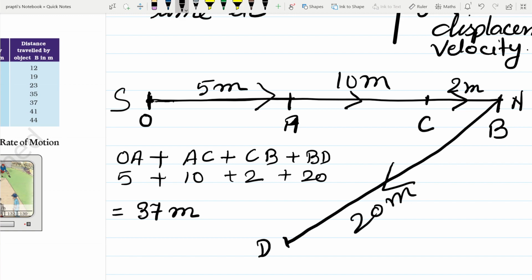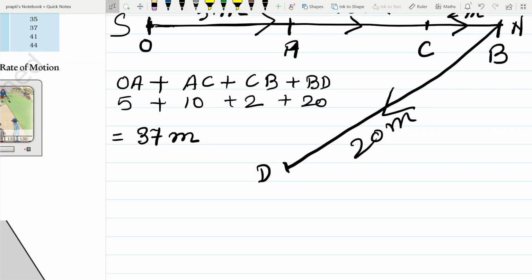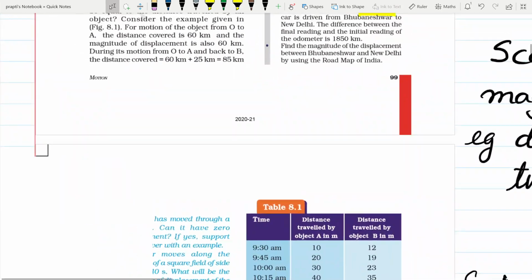It is a vector quantity and it is the shortest distance covered by any object. So you can say O to D is the shortest distance covered by the object, and that will be its displacement. Now we take the example here.